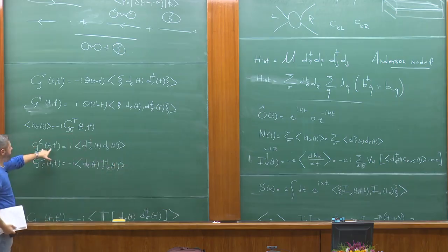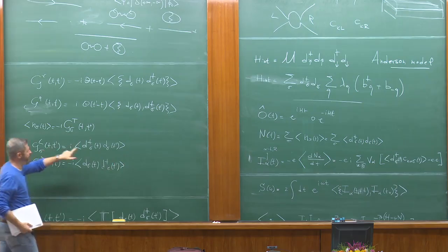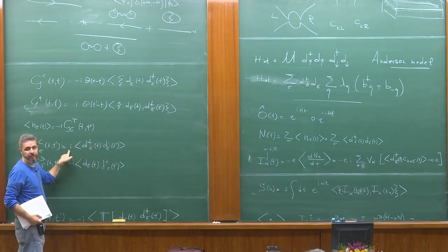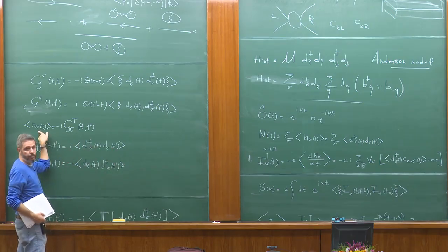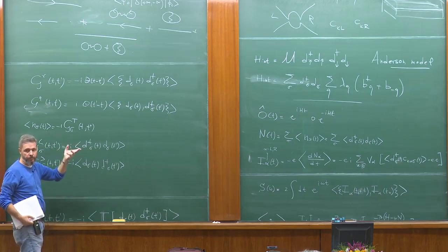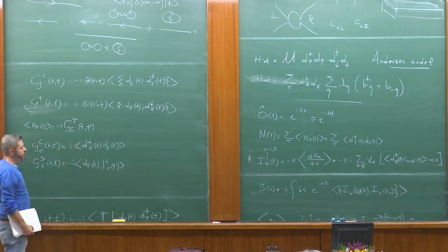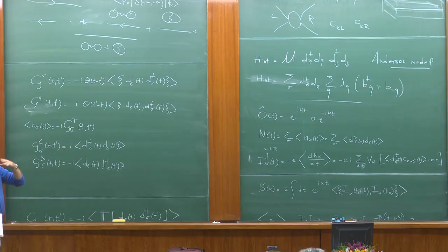So if I take this Green function and set t equal to t prime and multiply by minus i, I immediately have the occupation. I don't have to worry about ordering. So I have plenty of Green functions. They are not all independent. Out of these four, only three of them are independent.